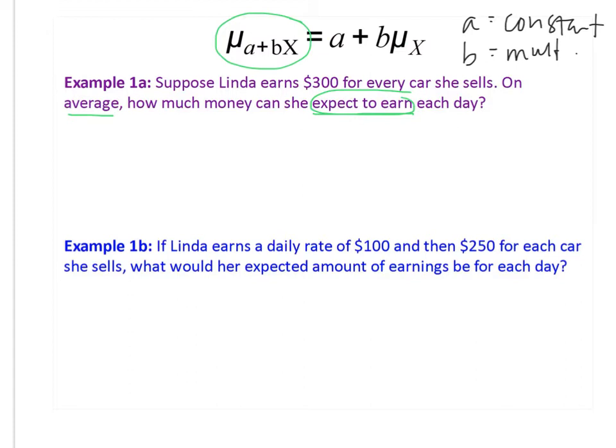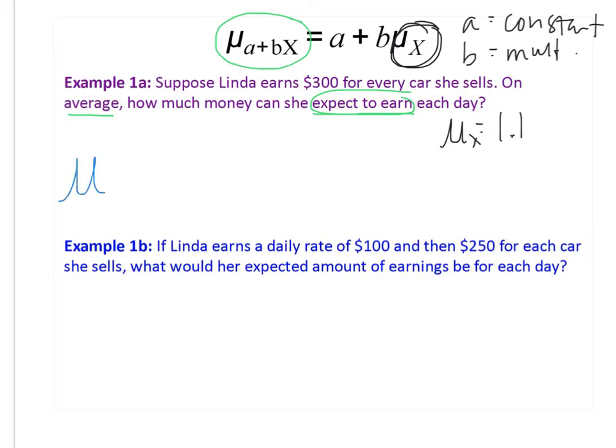So if I think about the other parts of my equation that I'm missing, this mu of x comes from my old expected value, and we see on the other slide that mu of x was 1.1 cars. So I have my b is 300, and my old mean is 1.1.